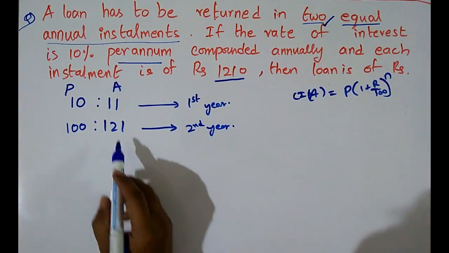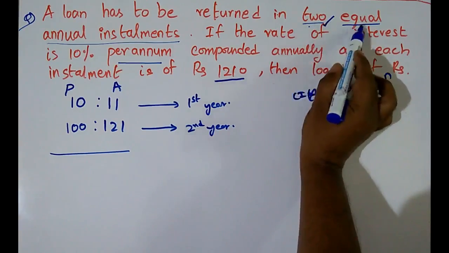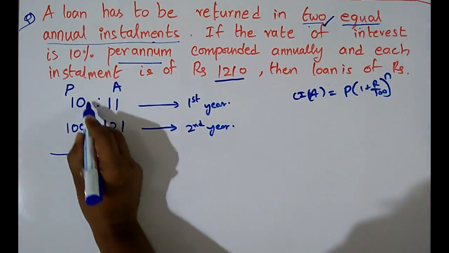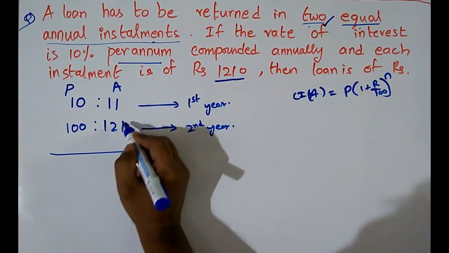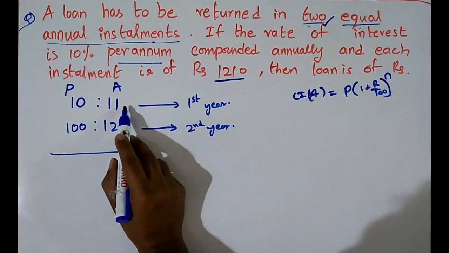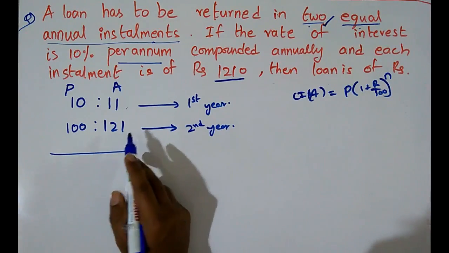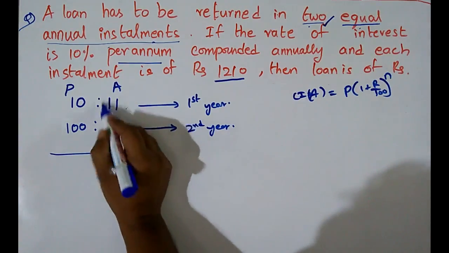See here, friends, in the question we have two equal annual installments. The amount which we are paying should be equal. In the first year we are paying an amount, the same amount we are paying in the second. So what we have to do is equate this.